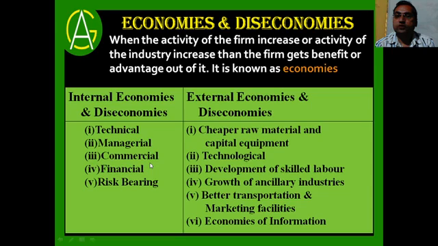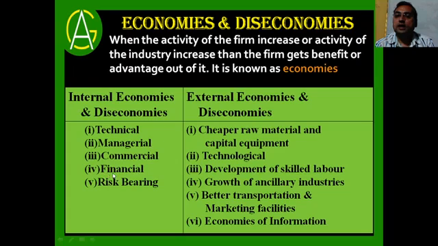Financial economies and diseconomies. Small size firms will not be able to get much finance because they do not have much property, large amount of assets, or reputation in the market. Getting finance for a small size firm is very risky or a very complex process, so they do not get much finance, and it is diseconomy for them.